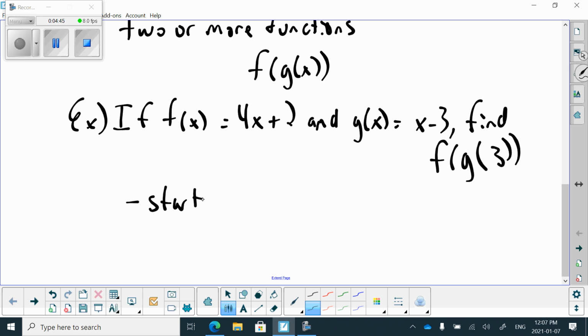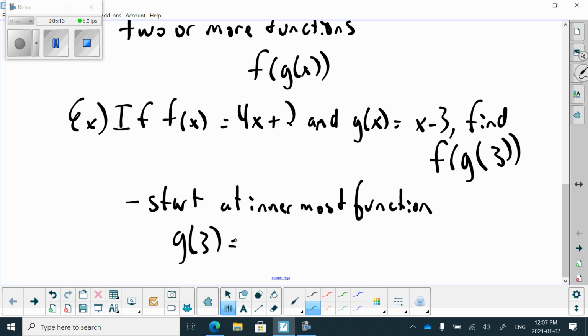What we do is we start at the innermost function. So we start inside of all the brackets. What is the inside function that we are looking at in this question? g of 3. Yeah, so that's what we start with. We start at g of 3 and figure it out.